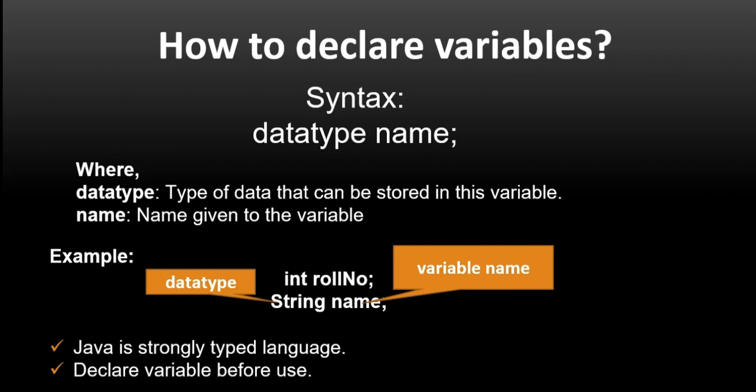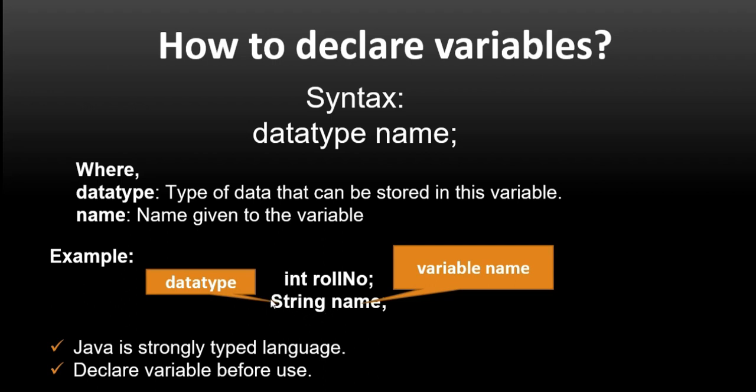So now here I have given an example of declaration of a variable. You can see roll number is my variable, and the type of value it can store is what? An int value. Similarly, name is my variable, and the value which it can store is what? String.